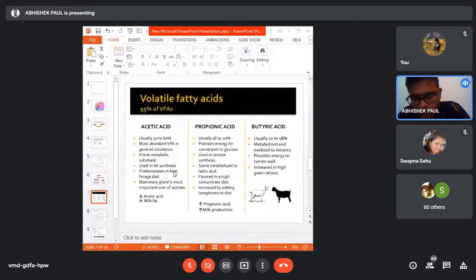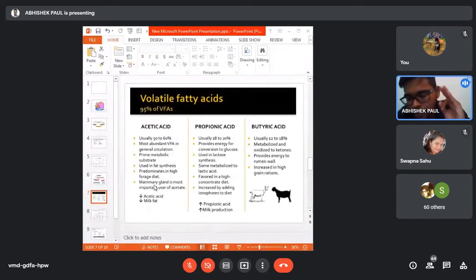High forage diet means if you are supplying dry roughage or green roughage, then it will produce more volatile fatty acid, more acetic acid. So don't get confused: acetic acid predominates in a high forage diet. Forage means the dry roughage and the green roughage.